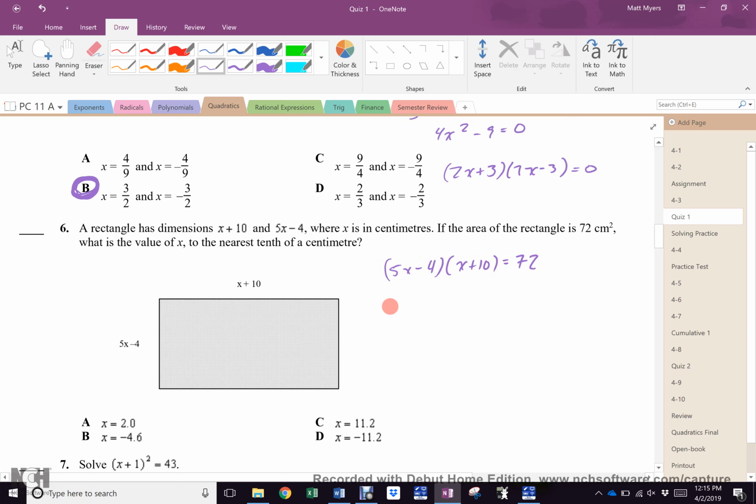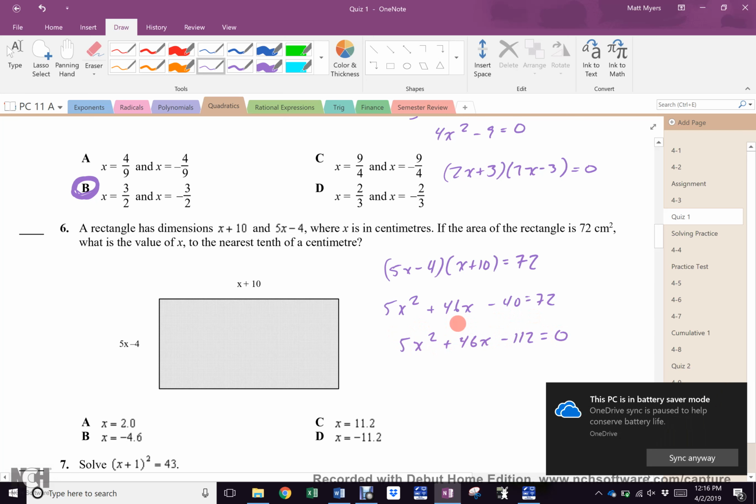Length times width. 5x squared plus 46x minus 40 equals 72. 5x squared plus 46x minus 112 equals 0. Now here, I would go quadratic formula there.